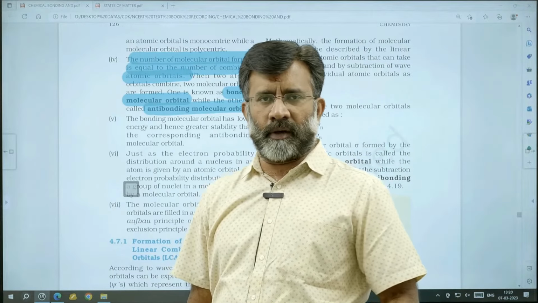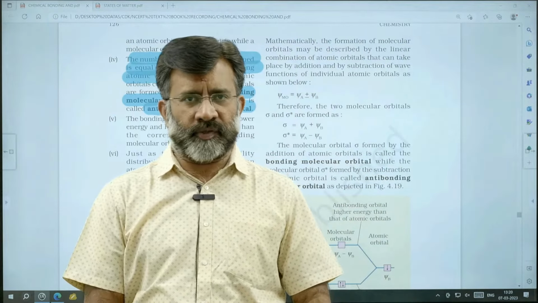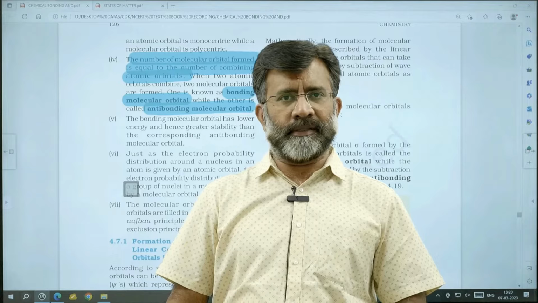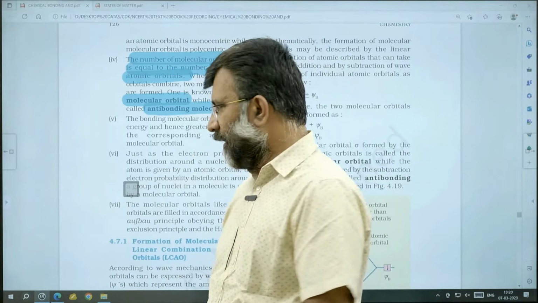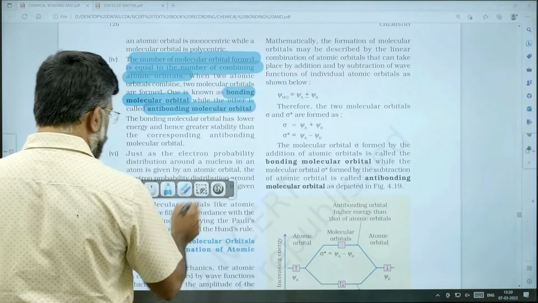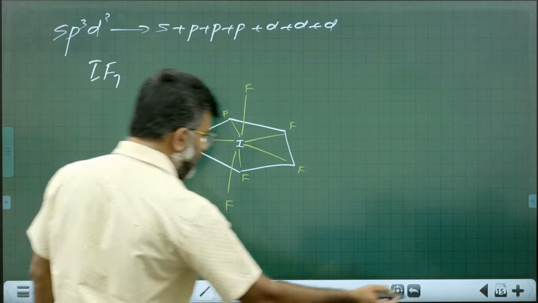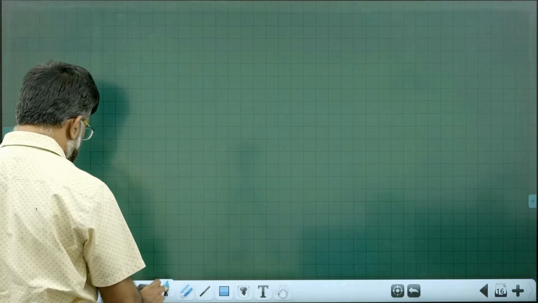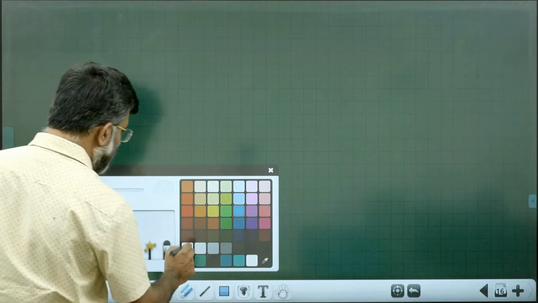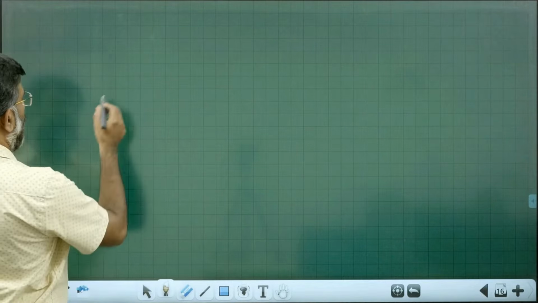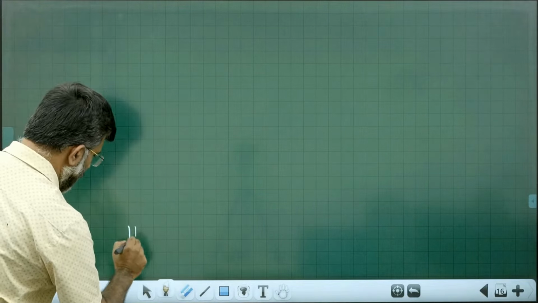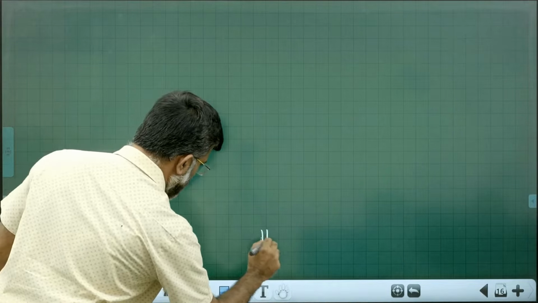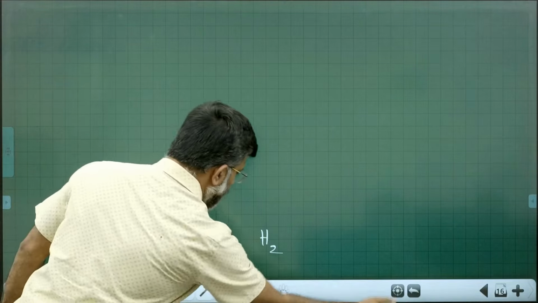Bonding molecular orbital is stabilizing in nature. Anti-bonding molecular orbital is destabilizing in nature. I will explain in detail how that is to be understood. If we take the case of hydrogen atom and hydrogen molecule, suppose we are taking hydrogen atom 1 and hydrogen atom 2 forming hydrogen molecule.